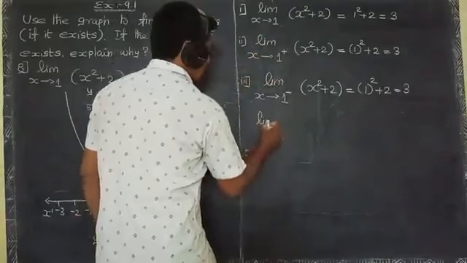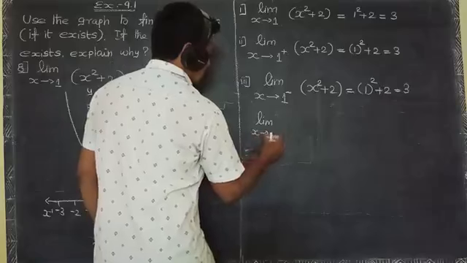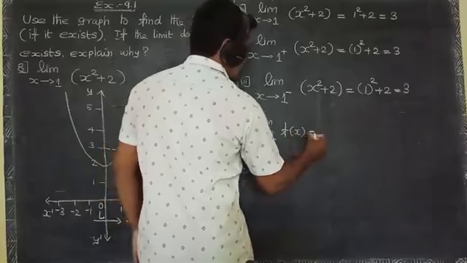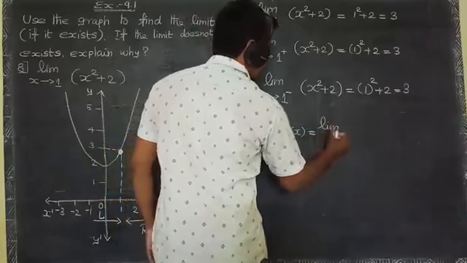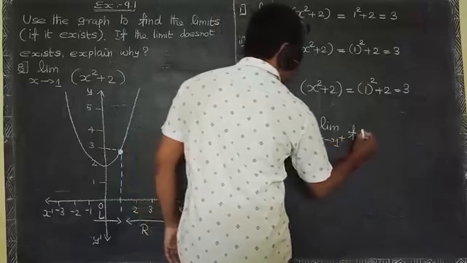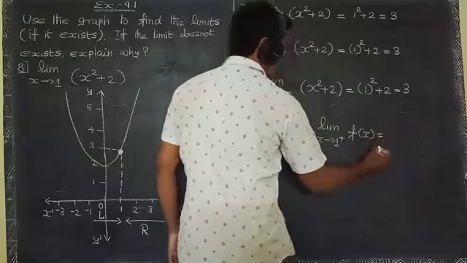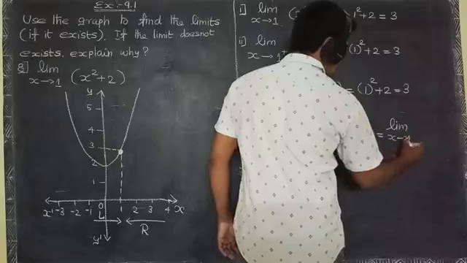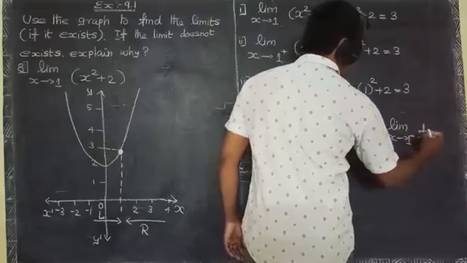Limit x approaches 1 f of x, which is equal to limit x approaches 1 plus f of x, which is equal to limit x approaches 1 minus f of x.